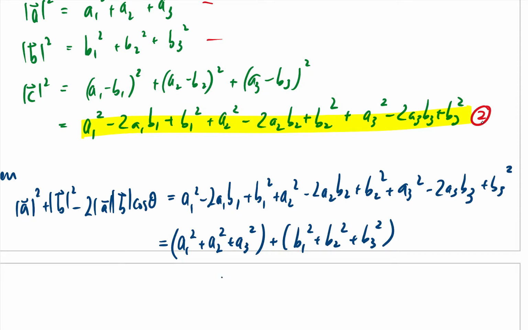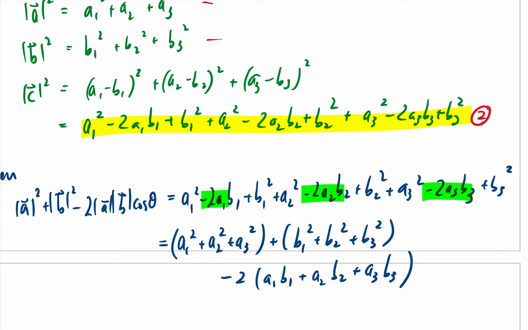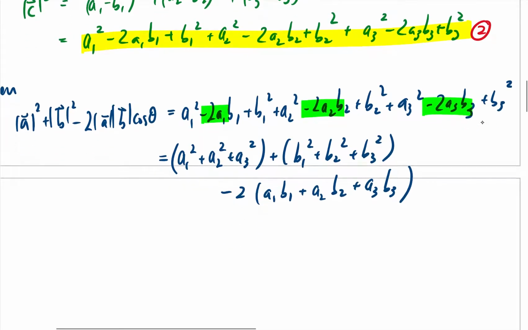And I'm left with minus 2, and notice I have a1 b1 plus a2 b2 plus a3 b3. So I took all the ones with minus 2 and factored out the minus 2. Now let's go from there.